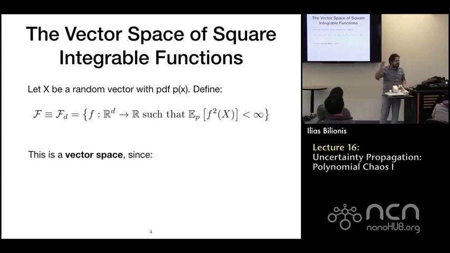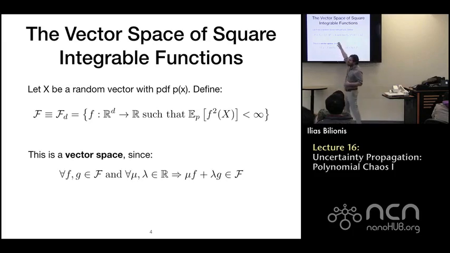Remember what a vector space is from algebra? A vector space is a space that satisfies the following properties. If you take two elements in this space and you add them together, you get another element in that space. So you can take two functions, add them together, and the result is going to be square integrable.